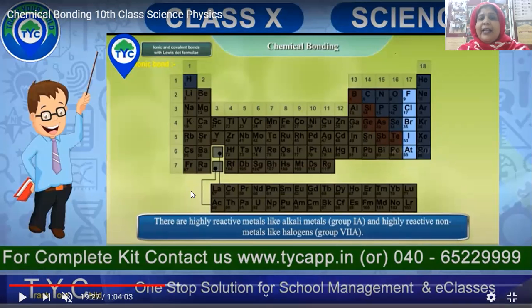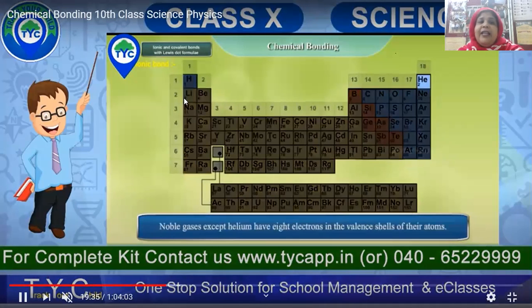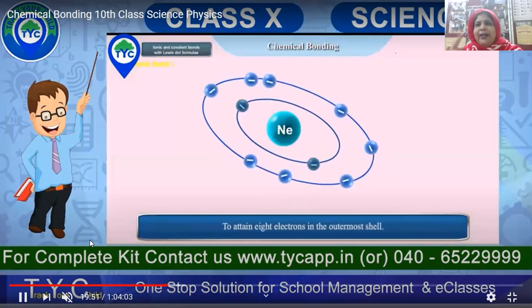Why are they so reactive? Because their outermost shell has one electron and they are ready to lose it. Similarly, if you look at fluorine, chlorine, bromine, iodine, they are also highly reactive, because to become stable they have to gain only one electron.